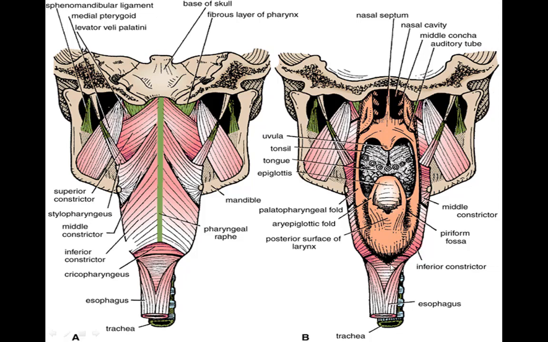And here is the end of the pharynx at the level of C6. You see the lower part here is constricted, and here there is a muscle which is the cricopharyngeus muscle, forming the narrow part of the pharynx, and the pharynx from here continues as the esophagus.